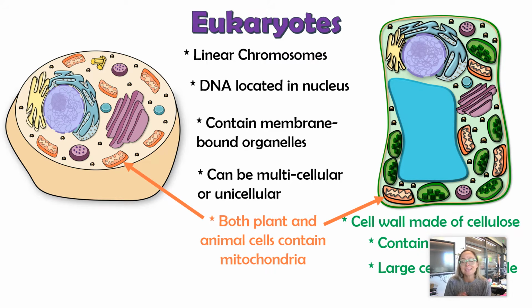It's not unique to animal cells. I think the misconception shows up where we think of photosynthesis as a plant process, and we think of cellular respiration and mitochondria as an animal thing. But plants carry out photosynthesis in chloroplasts and cellular respiration in their mitochondria.